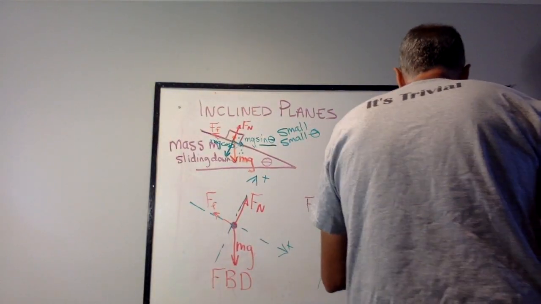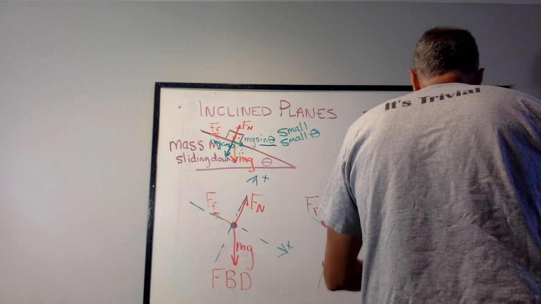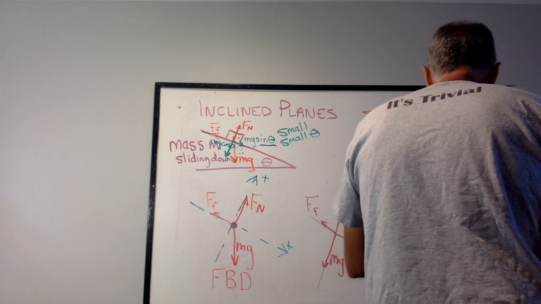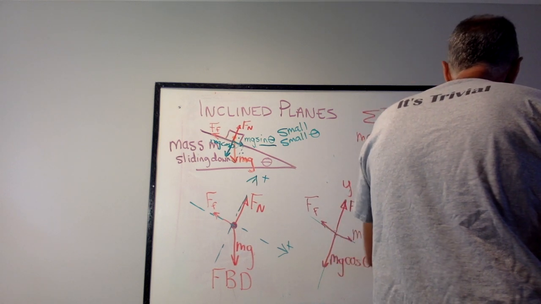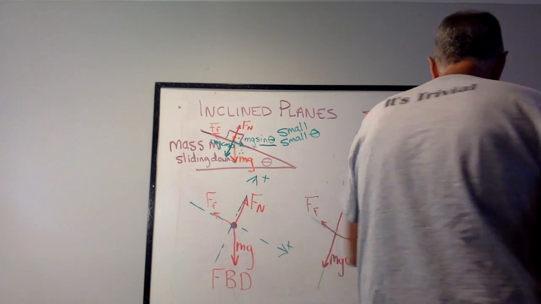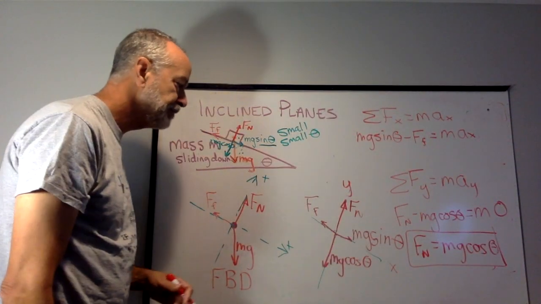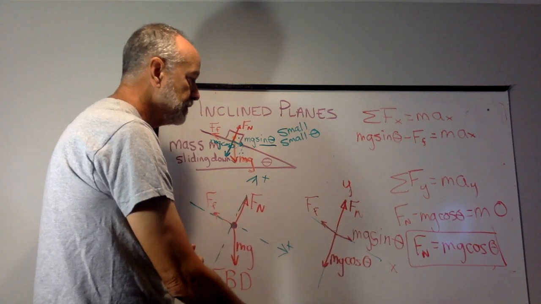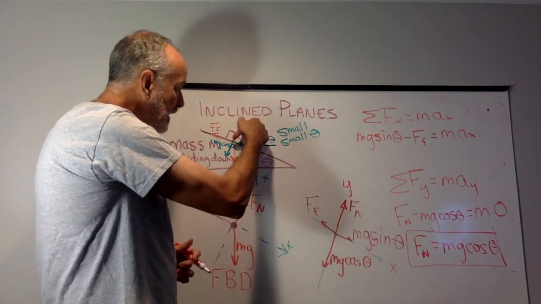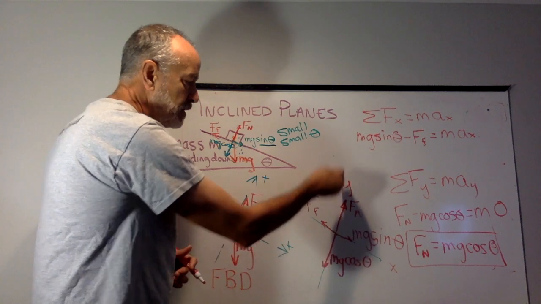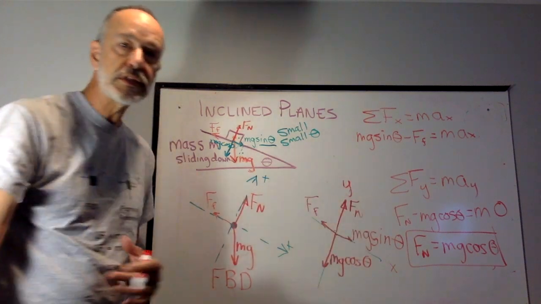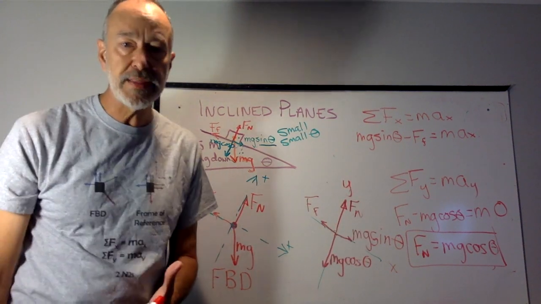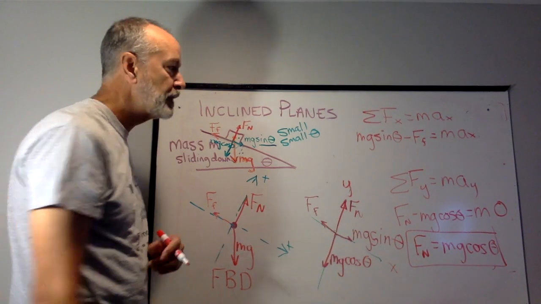And this happens an awful lot of the time. Fn equals mg cosine theta. That's a big deal, okay? If there are no other forces in this direction, if nobody's pushing on that or pulling on it, then normal force is going to be equal to mg cosine theta. That happens most of the time.